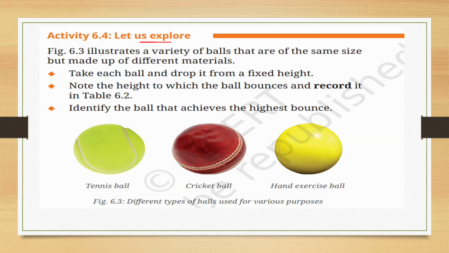Let us explore. Figure 6.3 illustrates a variety of balls that are of the same size but made up of different materials. You are given three types of balls: a tennis ball, a cricket ball, and a hand exercise ball. Take each ball and drop it from a fixed height.